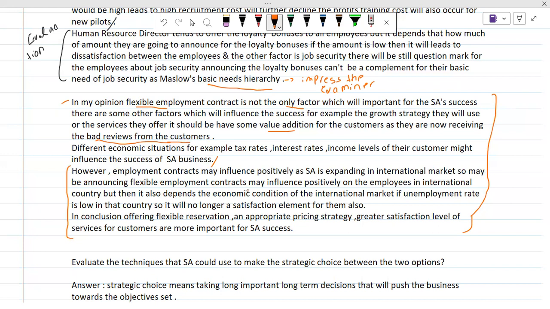Then evaluate it again: if employment contract positively influences success, what other factors related to employment contracts will influence the success?